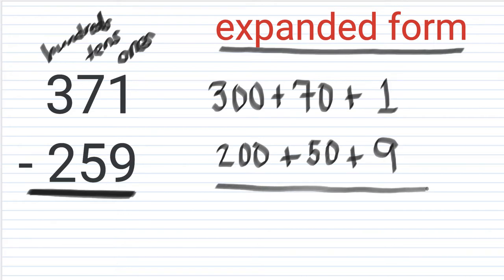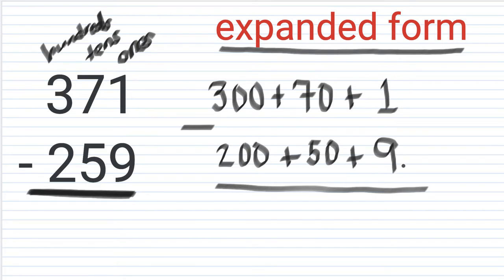Now, let's try to subtract these numbers according to their place value. What I mean, we need to align them properly. Ones, tens, and hundreds. Now, if you are going to subtract 1 minus 9, it is not possible because 1 is lesser than 9.